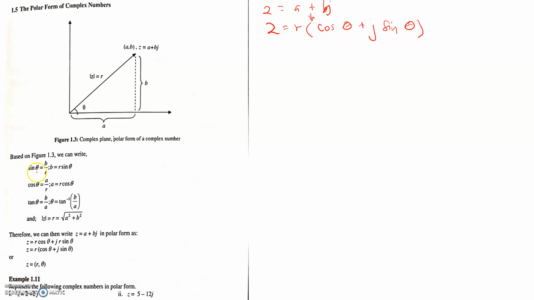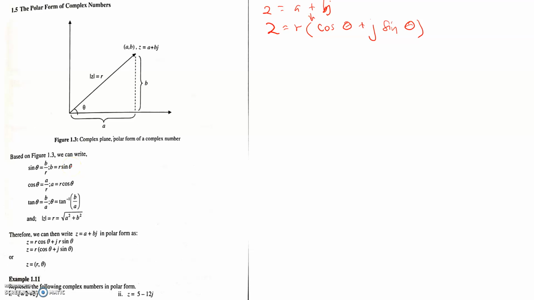If we leave it in the form of B, because we want to substitute this B later, B will be equal to R sin theta, because you move the R to the left hand side. So that's how you get B equals R sin theta.